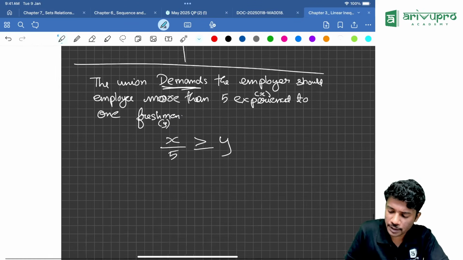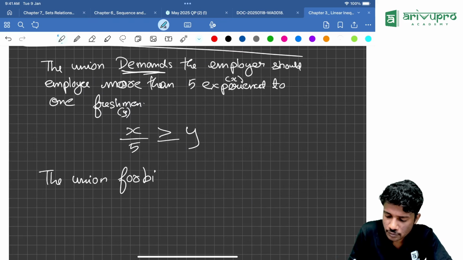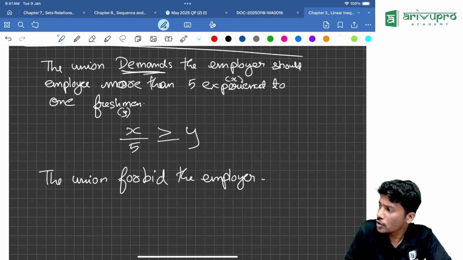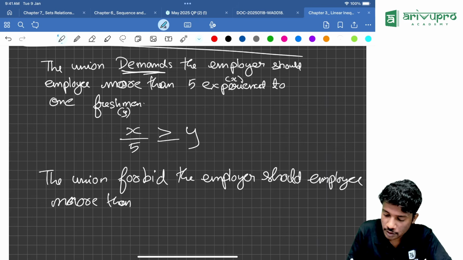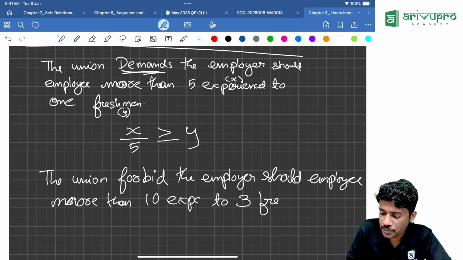Now, my question is, I'll change the same type of question to another way. The union forbid the employer should employ more than 10 experienced to 3 freshmen.